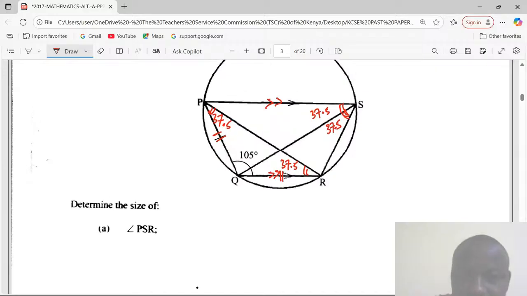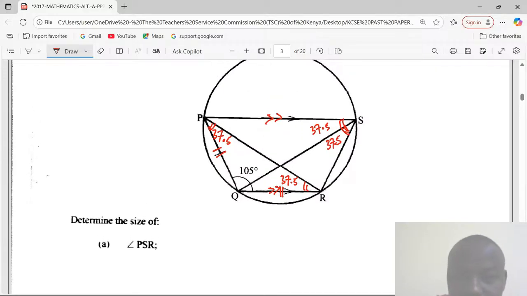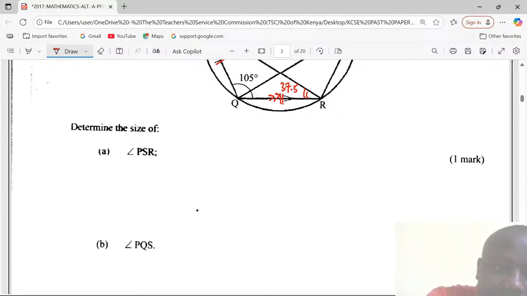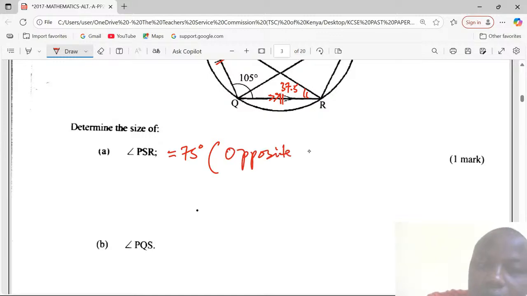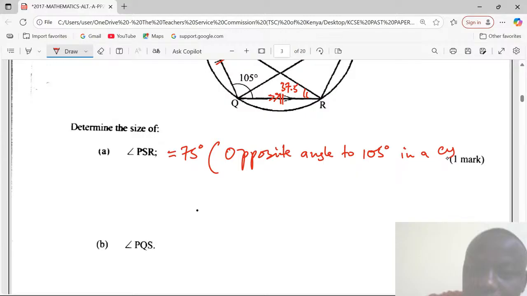PSR. Now, PSR is equivalent to 75. Reason: because it is opposite to 105 in a cyclic quadrilateral.